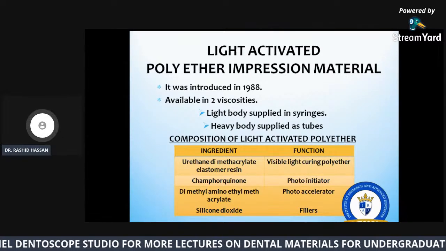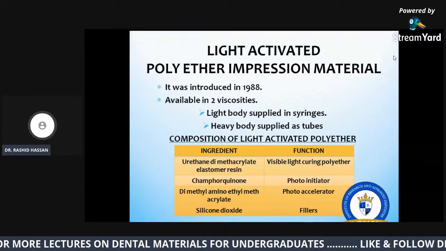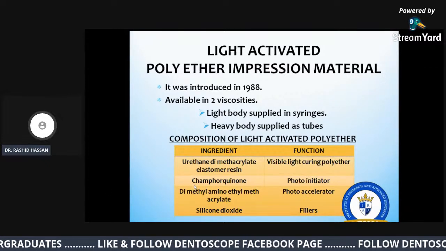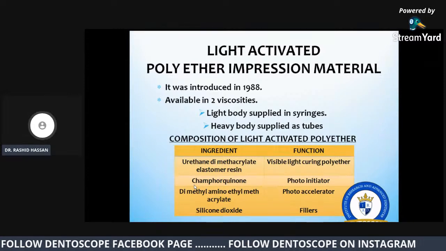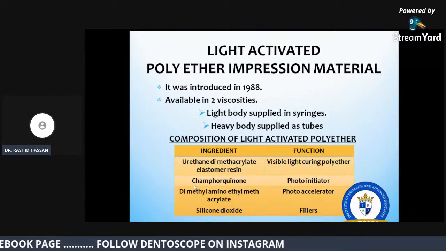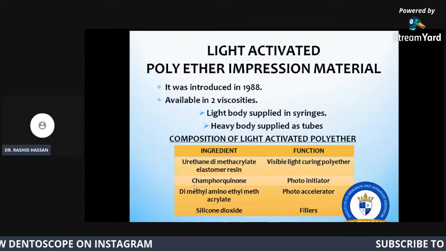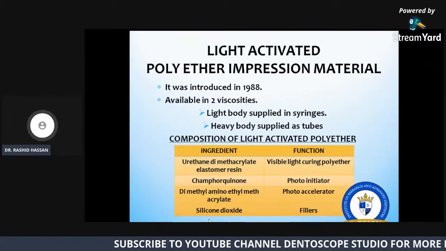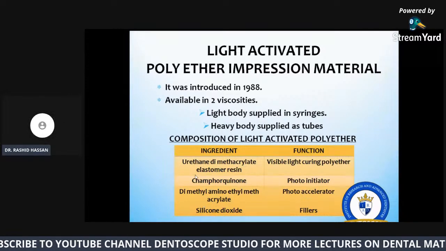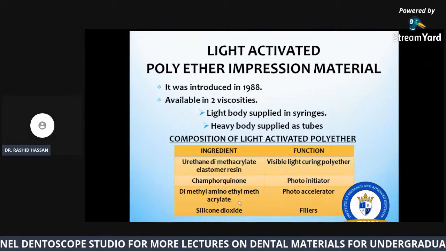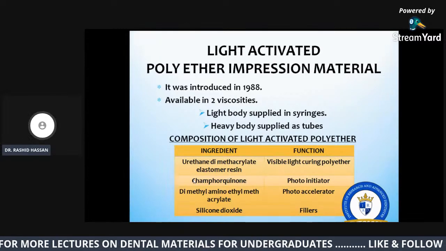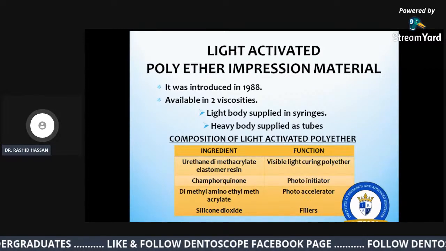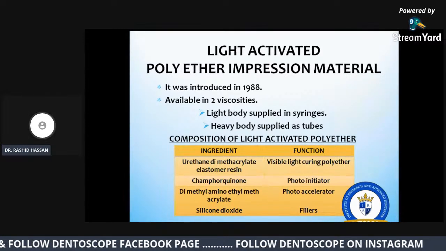Only because of the presence of the photo initiator, camphorquinone, which is the photo initiator for the light activated polyether impression material, the patient feels very comfortable as they are set by light activated polymerization.